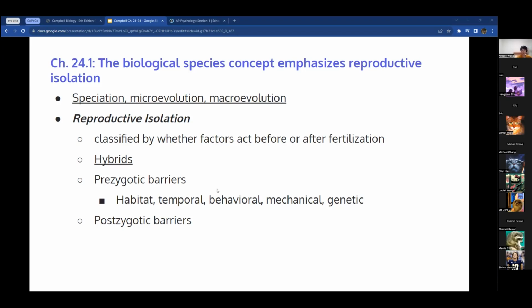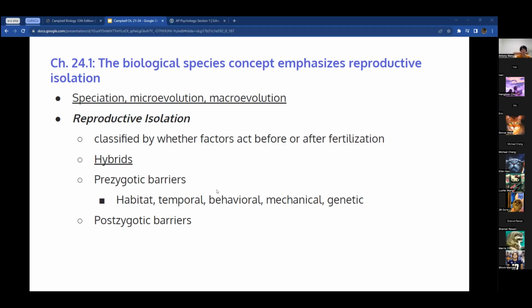I guess a better example of a temporal barrier would be species that are nocturnal versus diurnal, so active at night or in the day. They won't meet each other, and they won't have a chance to mate.